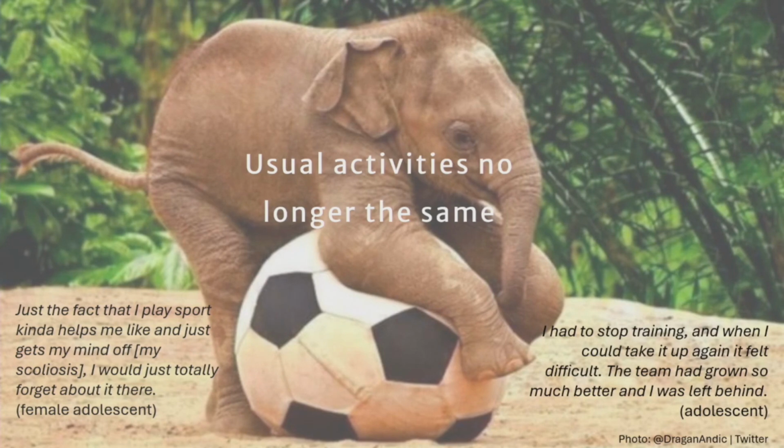The team had grown so much better, and I was left behind. So in this case, it was a big limitation. It was something that they had to let go of. But in other cases, it was a way to cope. It was a way to help them get through and have a support system and have activities and participation to be part of.